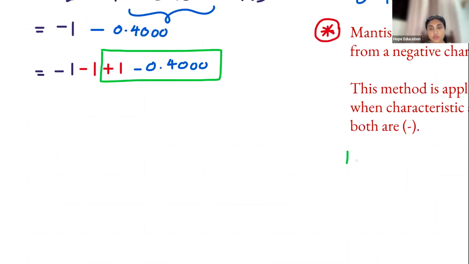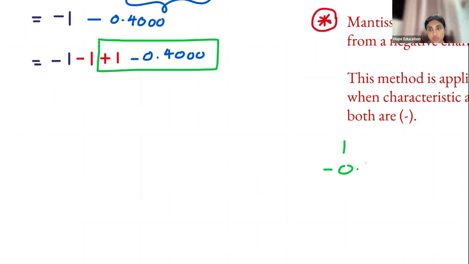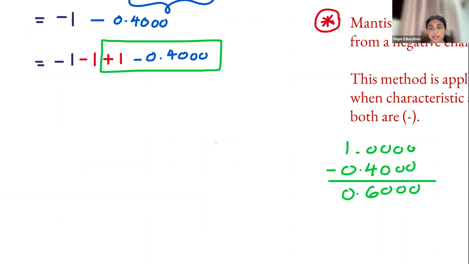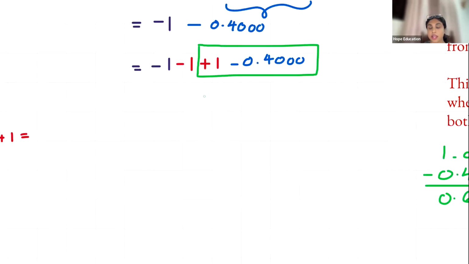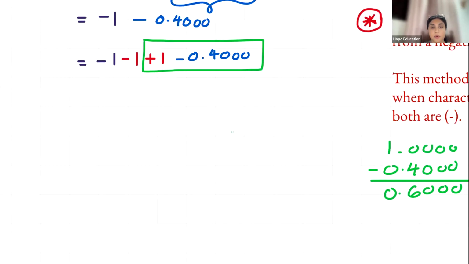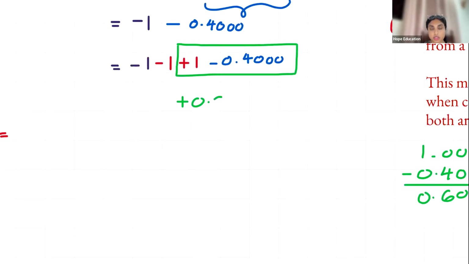From 1, I subtract 0.4000. So here, 0000 minus 4, borrowing 10, 10 minus 4 is 6. 1 take away 0 is 0. So here I get plus 0.6000. Is that part clear to you, children?